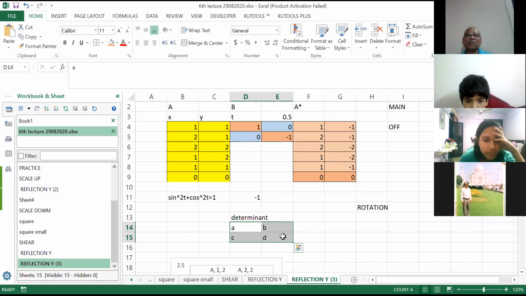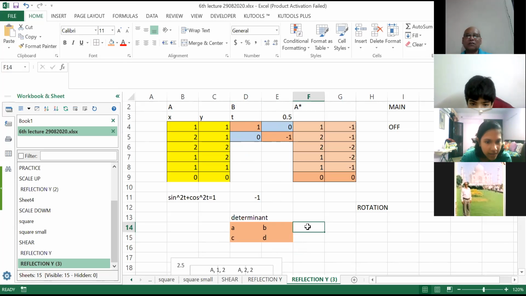So what does the determinant mean? The determinant will be AD minus BC. Along with this formula, we will be using it for rotation.